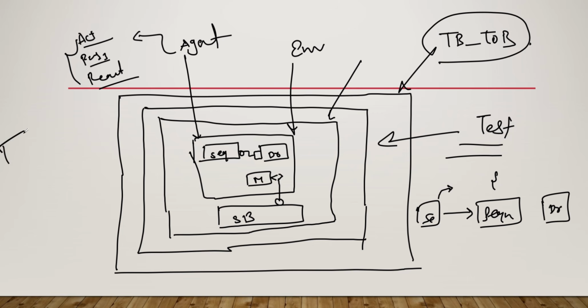We pass the output of the reference model to the scoreboard, and also pass the sampled output from the monitor to the scoreboard. Then we compare both outputs. If they match, it is working fine, and if not, understand that something is wrong. So this is the overall architecture.